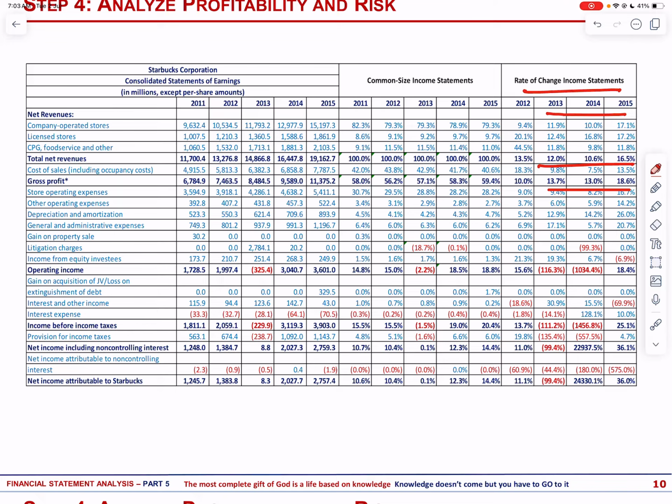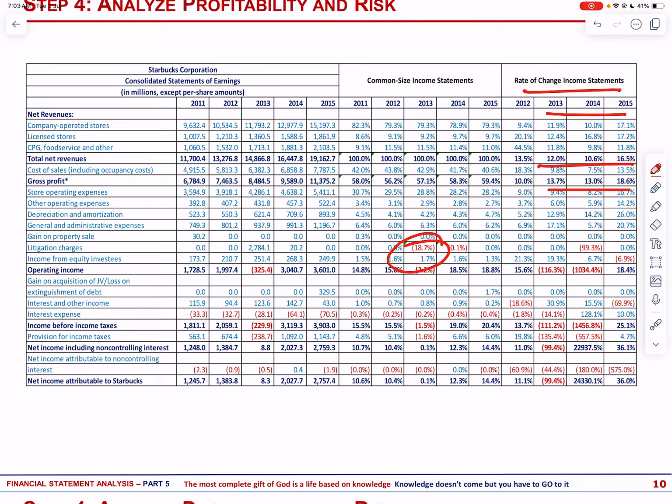However, net income percentage changes were more volatile over time, especially impacted by the litigation charges in the year 2013. Analysts will thoroughly investigate the reasons behind Starbucks' fluctuating profitability to understand the factors driving these changes.